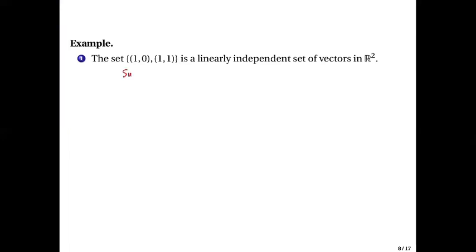So suppose you have k1 (1, 0) plus k2 (1, 1) equal to 0. We want to show that k1 and k2 are forced to be 0, to show that the set is linearly independent.